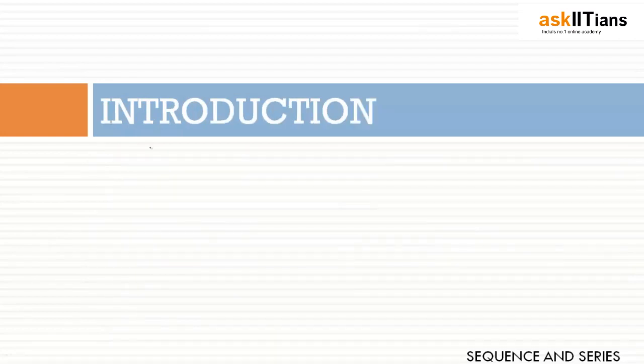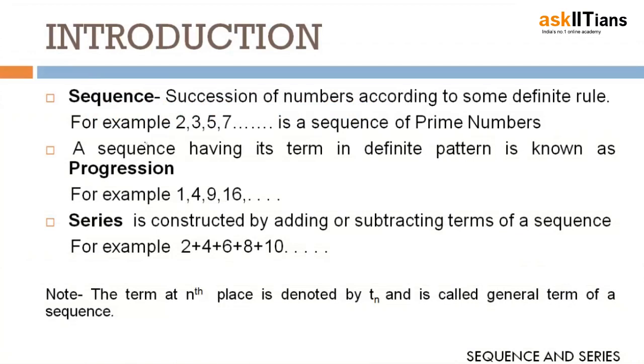So in the introduction we need to know what a sequence is. First we need to understand the name of the chapter itself, sequence and series. Quite often we will come across these terms. What is a sequence? A sequence is any succession of numbers in which there is a rule according to which we can find a pattern.